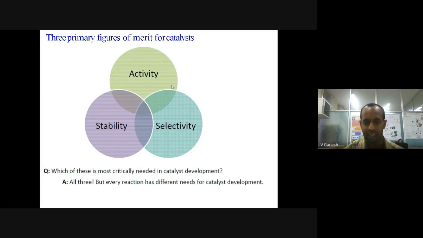That's the first point. And the second point, not just the activity alone. Your catalyst should be stable enough, meaning prolonged water splitting should give you oxygen evolution or hydrogen evolution for a longer duration of time. That's about stability, and it should be selective. Okay. Suppose you have a water and alcohol mixture, your catalyst should be selective to the water splitting reaction alone.